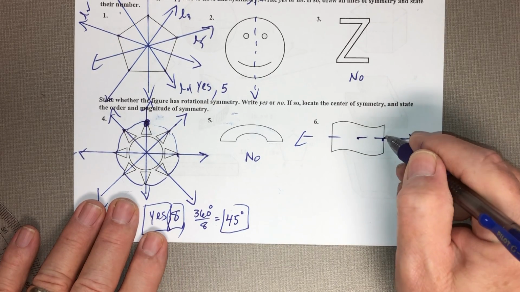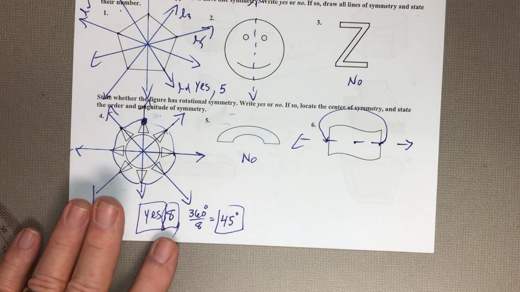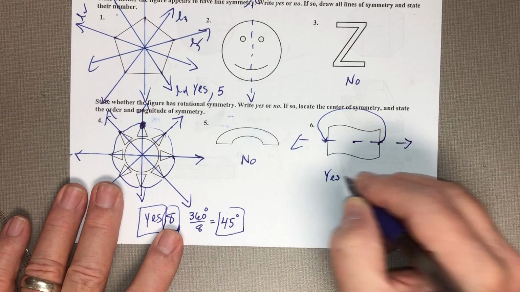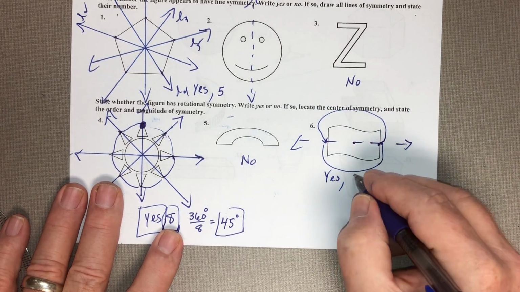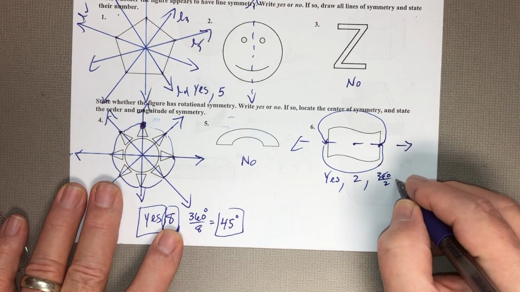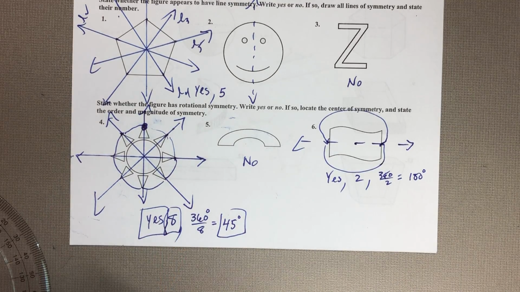You could take this point and rotate it all the way over there. That's 180 degrees of rotational symmetry. So the answer is yes, and it does it once and then again back to get back to itself. So the order is 2, and yes, 360 divided by 2 does give you 180 degrees of rotational symmetry.